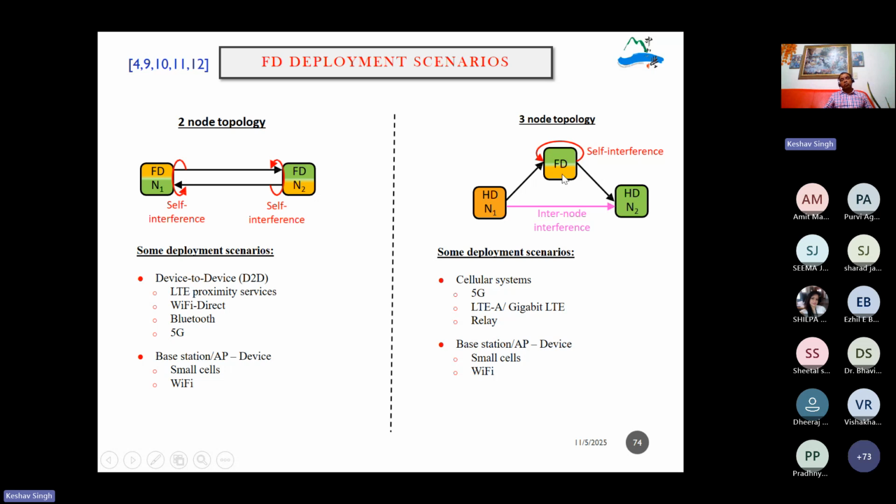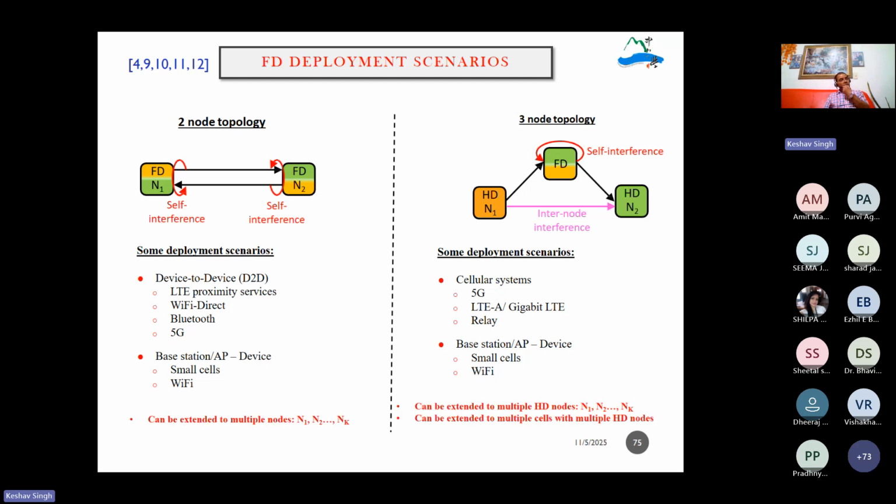That means this full duplex node is communicating with both N1 and N2. So here N1 creates internode interference, and there will also be self interference at the full duplex node. We can experience this kind of scenario in a small cell, in cellular systems, as well as Wi-Fi, base station or access point scenarios. So these are the practical cases.